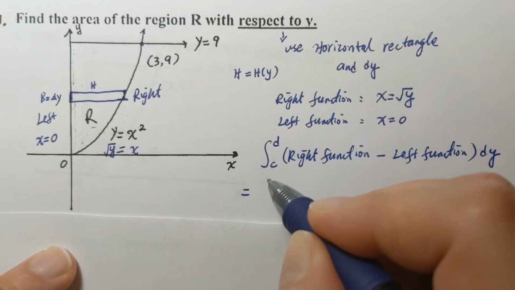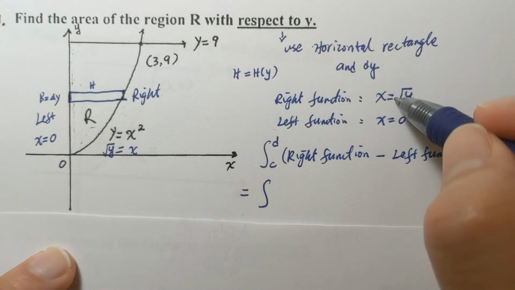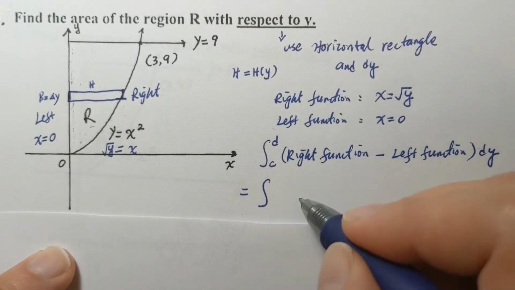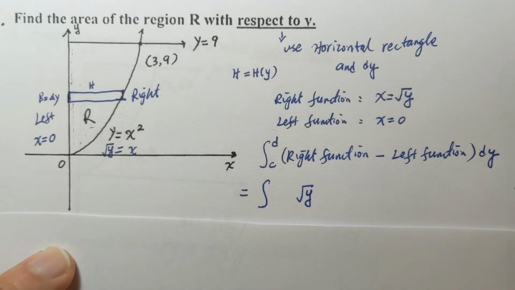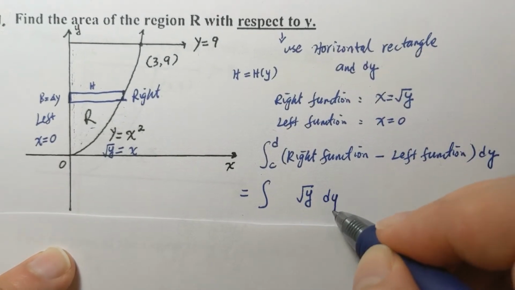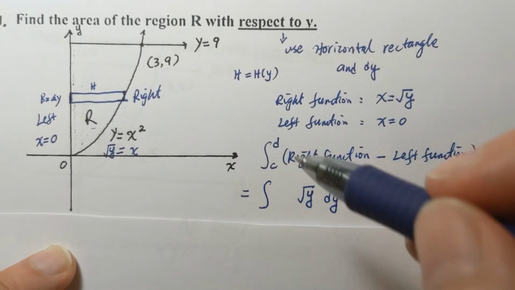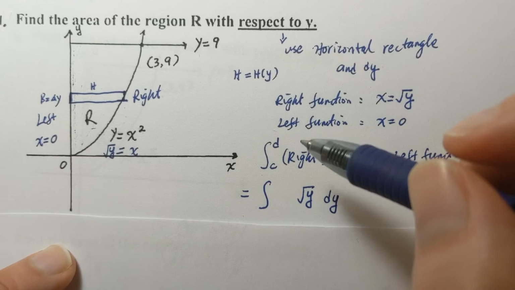So now we subtract: you're going to get square root of y minus 0, so you get square root of y, and dy. Now c and d are going to be the smallest y value and the biggest y value.